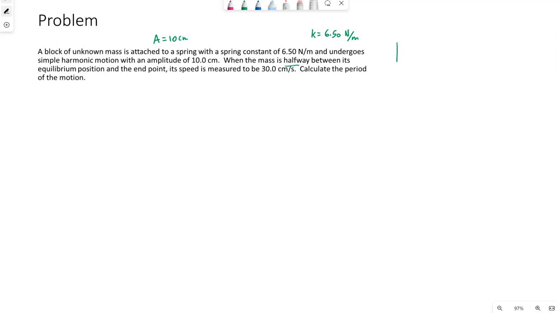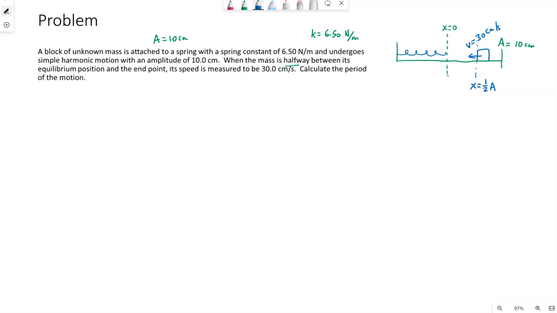When the mass is halfway, so if this is equilibrium, and this is the maximum displacement of 10 centimeters, it's telling us that the mass is halfway between there. So we could say x is half of the amplitude. The speed, v, is 30 centimeters per second.